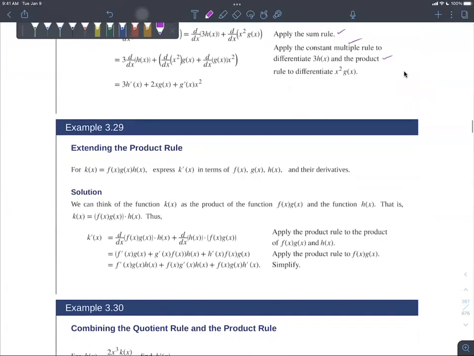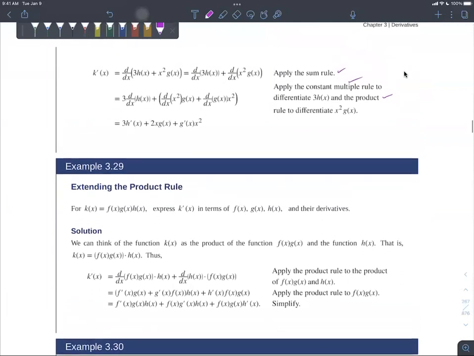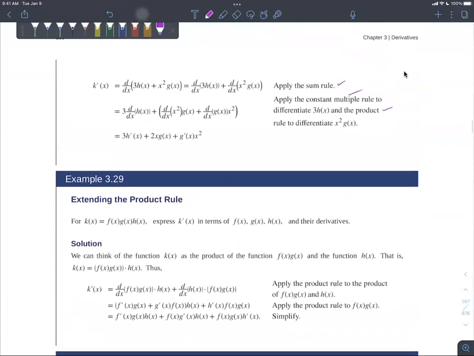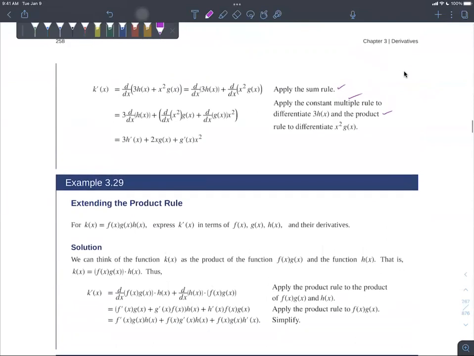Okay, extending the product rule. The product rule can be extended to more than 2 functions. If we have a function k of x that is a product of f of x, g of x, and h of x, how can we apply the product rule if it's 3 functions? Well, we can just pretend the first 2 functions are a single function.